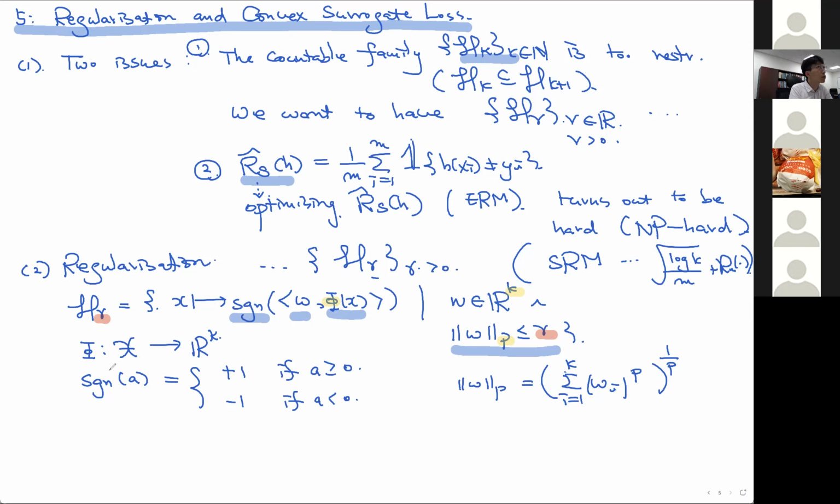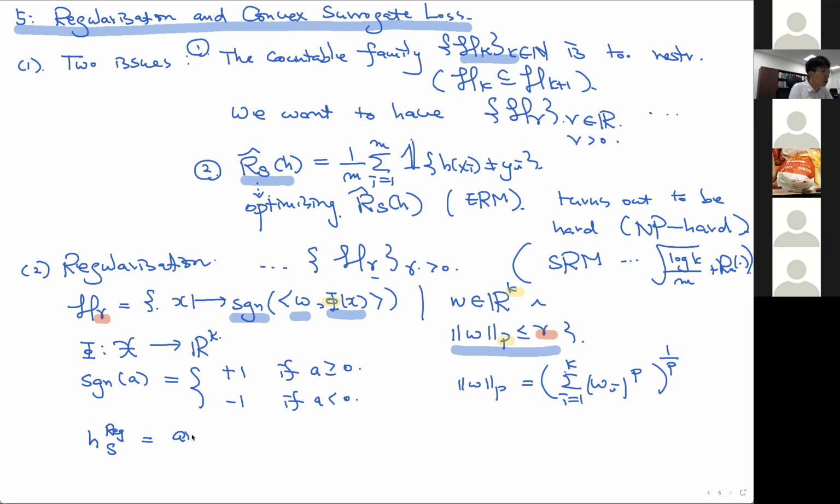After doing so, the learning process becomes like this: the regularization solution over sample S is obtained.